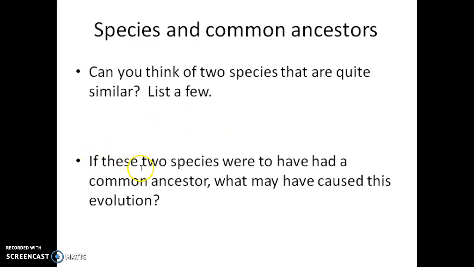If these two species were to have had a common ancestor, what may have caused them to evolve or change? So if a lion and a tiger had a common ancestor, why might they have changed into two different things? Something to think about. We'll be talking about that as we move through this particular lesson.